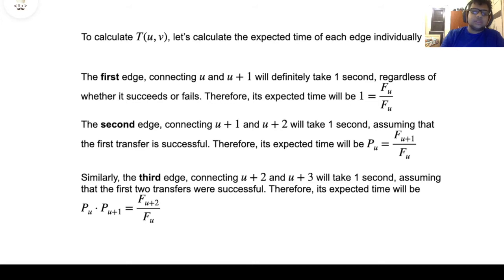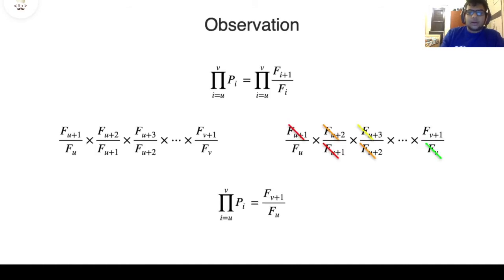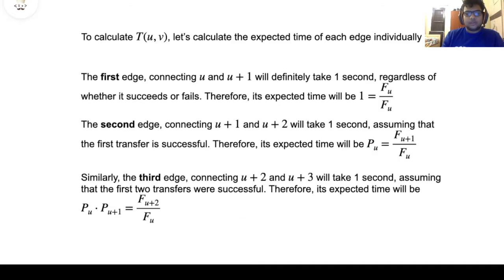Now similarly for the third edge connecting u plus 2 and u plus 3, that will also take 1 second, and using the same concept, we'll only travel this edge if the first two transfers are successful, right? Therefore, the expected time for the third edge will be 1, which is the time, multiplied by p of u plus 1. And using our formula, the product of p i from u to v is equal to p of v plus 1 upon p of u.